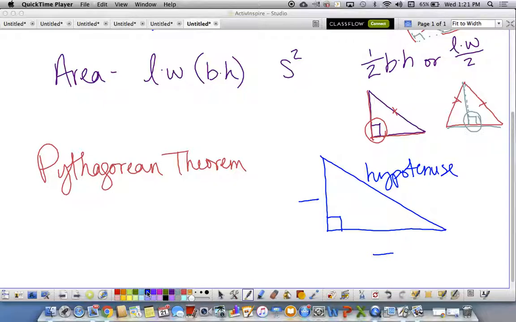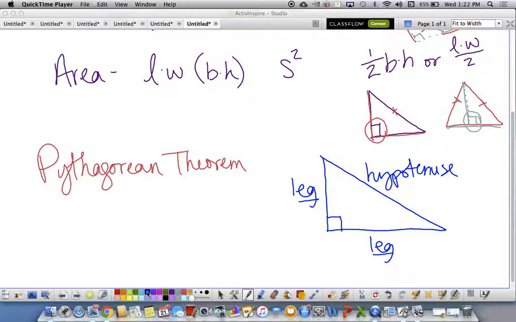It's not called C. It's a spot for C. Did you ever know that there are legs of a right triangle? You do now. I found that out today that when I teach the Pythagorean theorem, it's a leg squared plus a leg squared equals the hypotenuse squared.